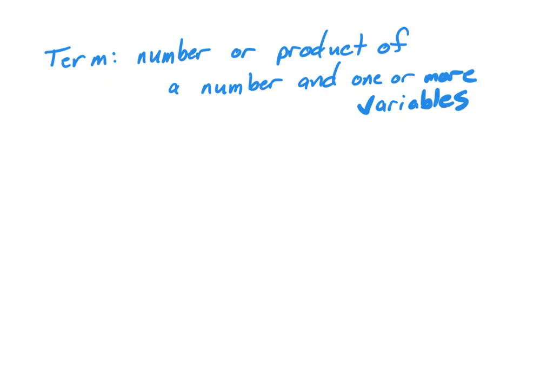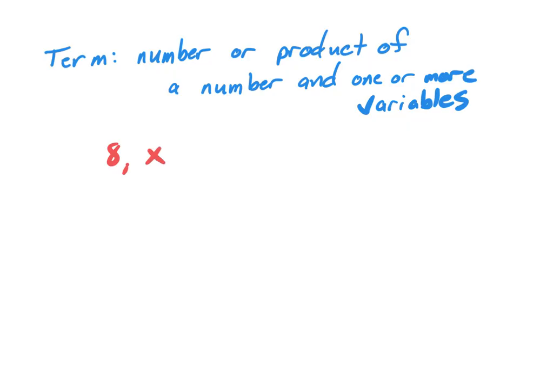Okay, so if we looked at some examples, 8 is just a number. We would refer to that as a term. Most of the time we would refer to it as a number, but it would still be a term.